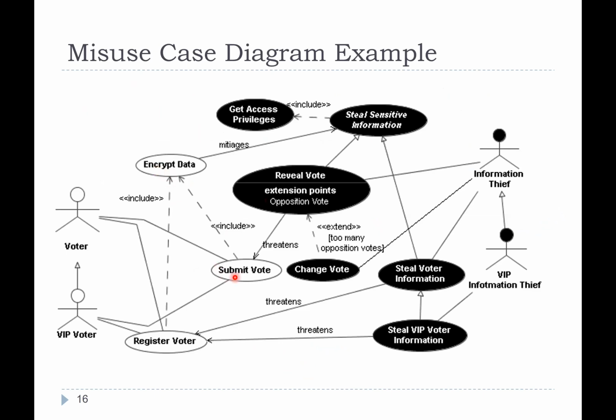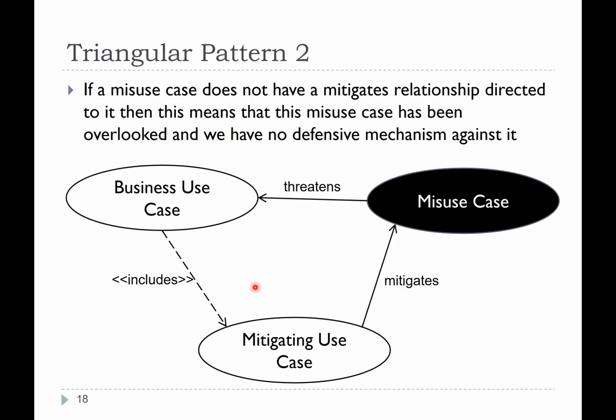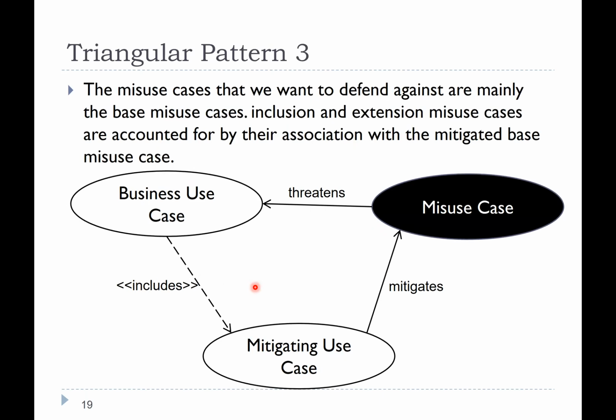I mean, we're actually seeing the triangular form over here. And basically, all the extensions and the inclusions of that base use case over here is defended by that mitigating use case.